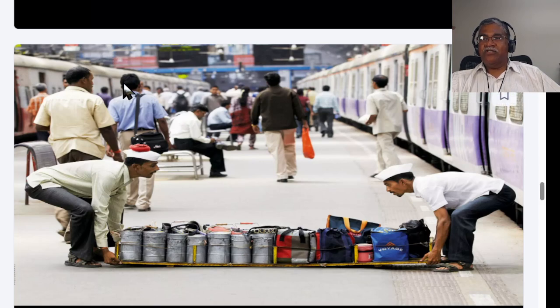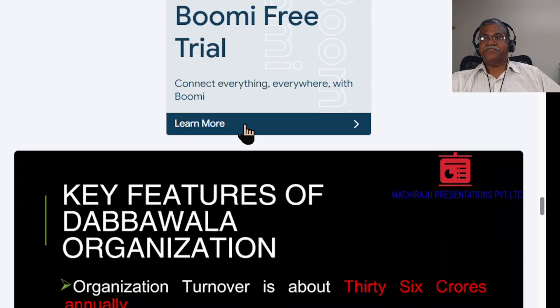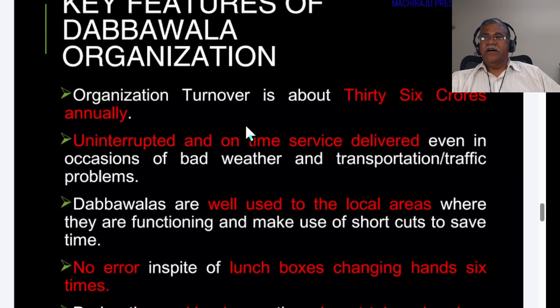And you can see these are the local trains on either side. Okay, 36 crores is, I think, 3.6 million dollars.